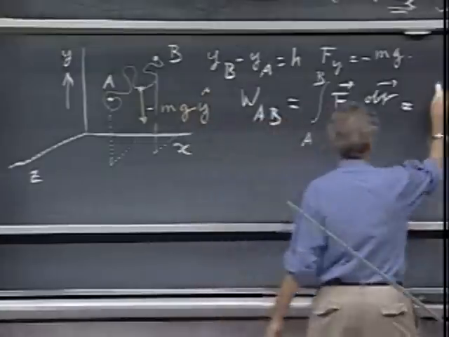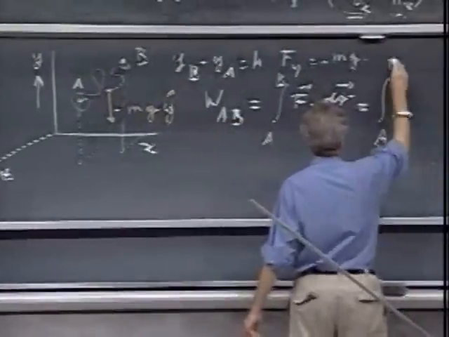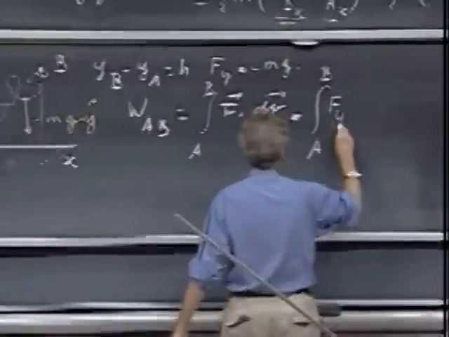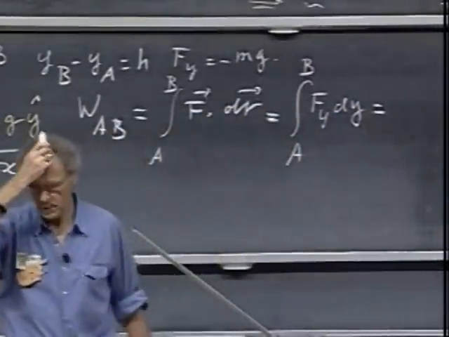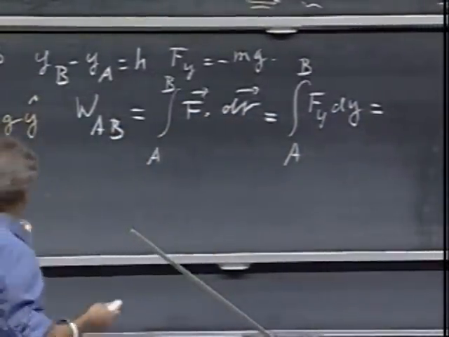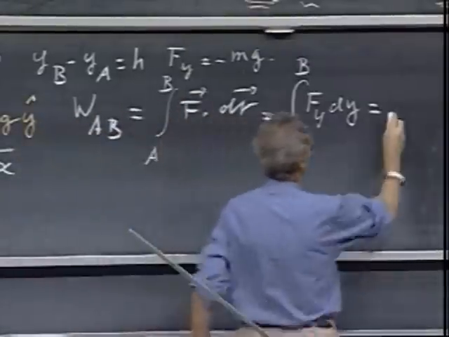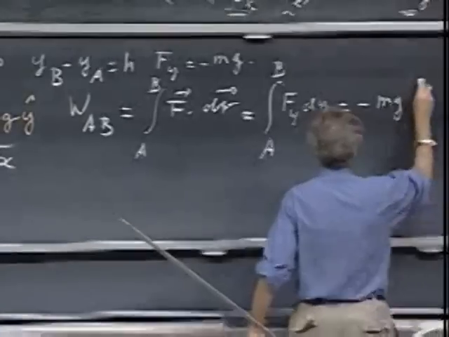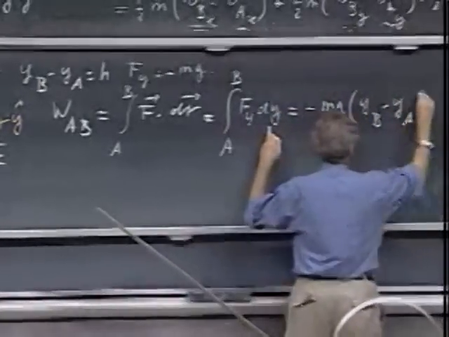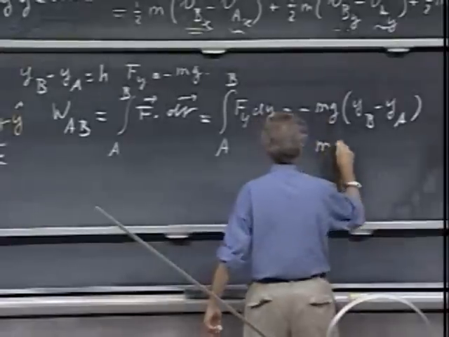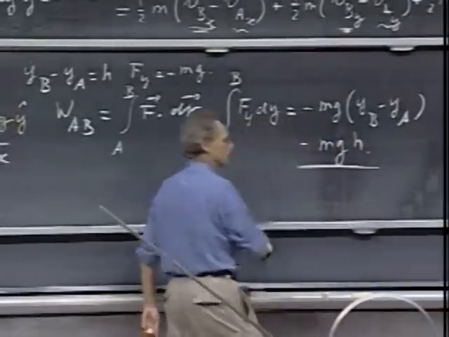So it is the integral from A to B of f_y dy. And that equals minus mg times y of b minus y of a, so that is minus mg times h.